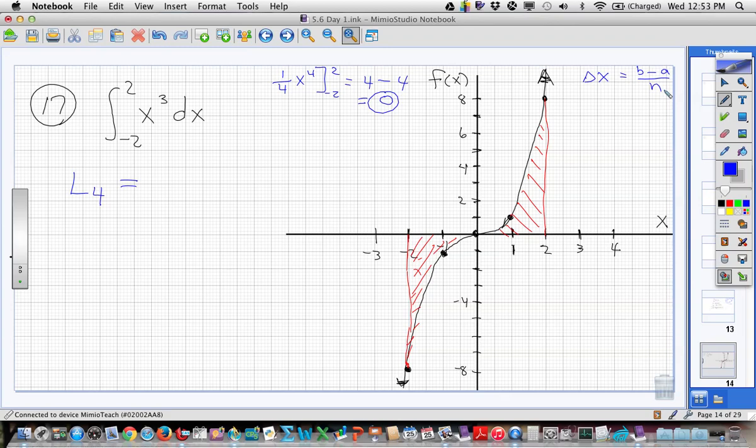In our case here it would be 2 minus negative 2, and then divided by how many subdivisions, which is this number right here, 4. So what do we get? We get 4 divided by 4, which is 1. So our subdivisions are 1 wide, right? And that makes sense, right? Total width of 4.